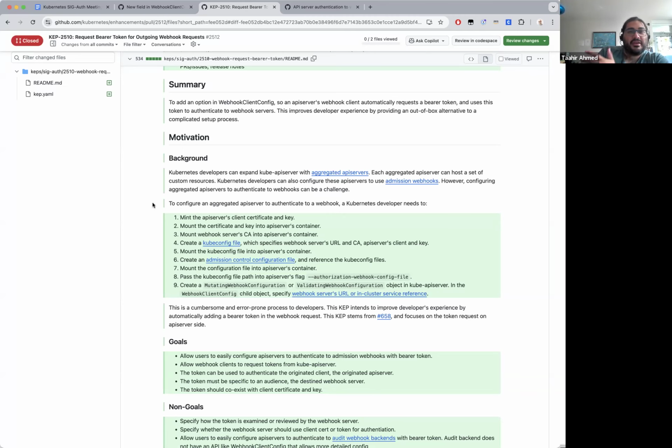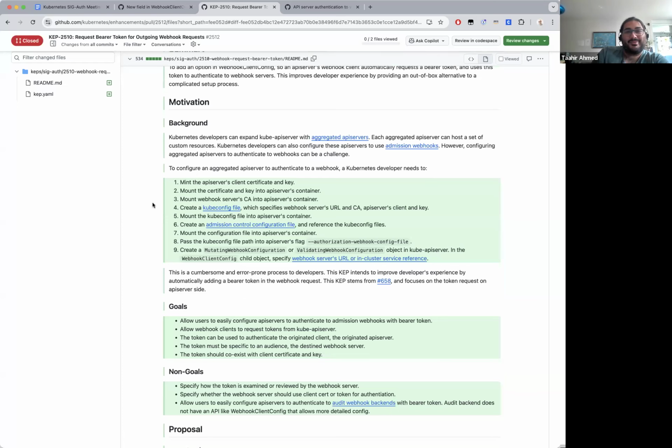Maybe if we make up a core OpenID discovery doc equivalent API, maybe. Yeah, that's the benefit of the service account token based flow, right? We already have the whole OIDC discovery stuff on the API server, and it is externalized in the cloud providers. So if you have an externalized webhook, that is a well understood path for verifying tokens.